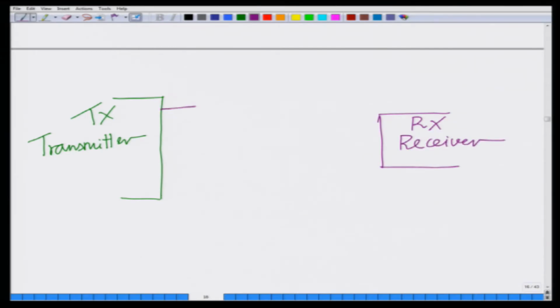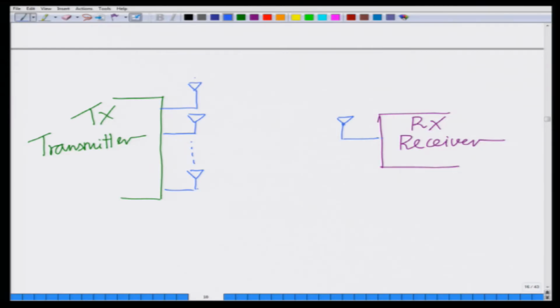Let us say I have multiple antennas at the base station, that is not just a single antenna but more than one antenna, and I have a single antenna at the receiver.